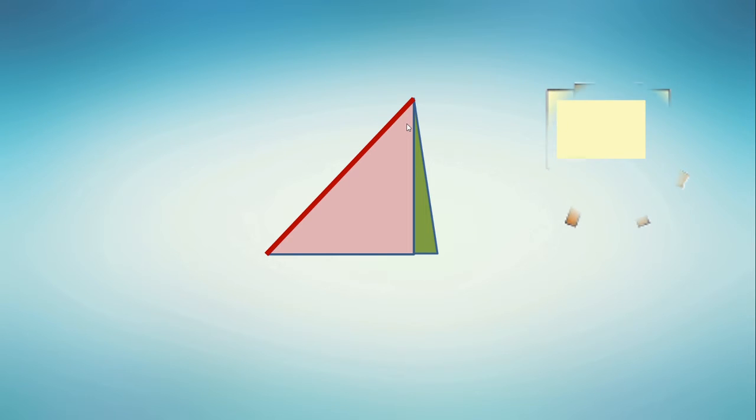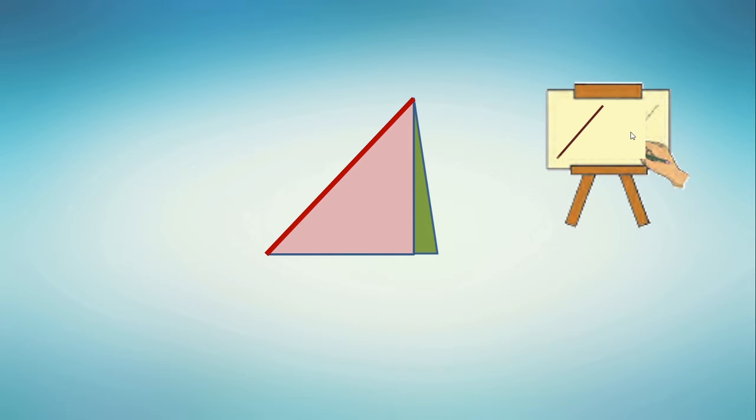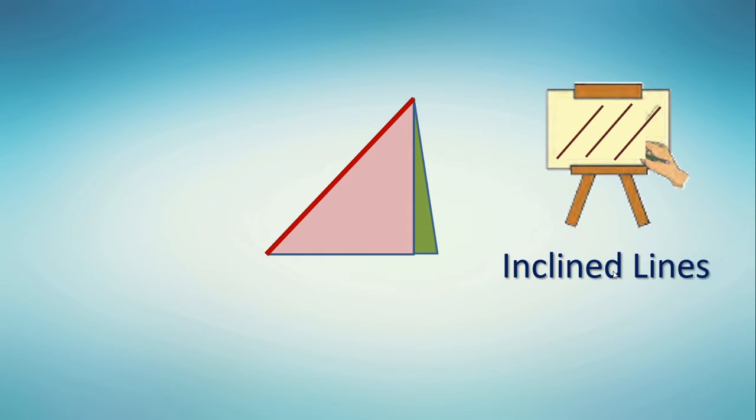Same lines we will draw on the board. Here they are. One more line, right? Now these lines are called inclined lines or sloping lines or slanting lines.